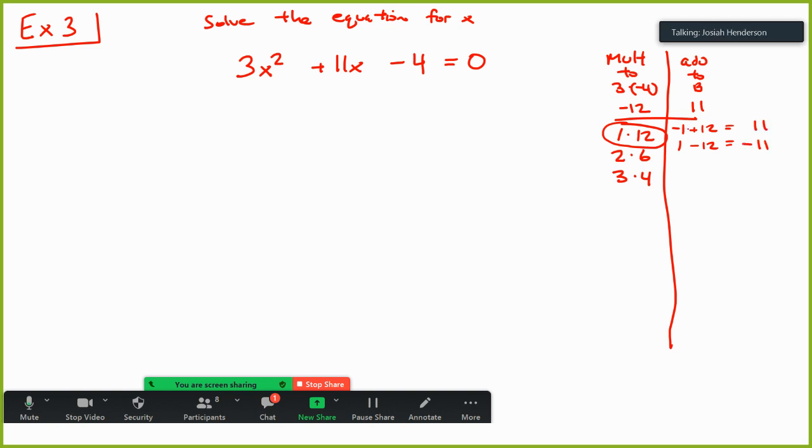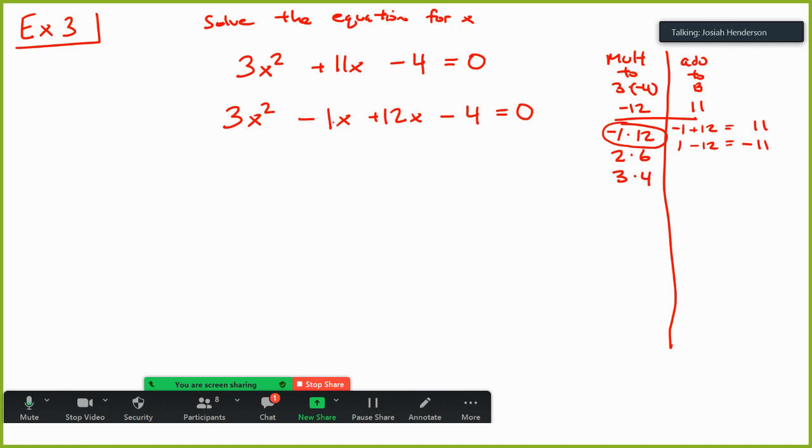The first set, negative 1, positive 12. I'm going to put that here in my multiplication just so I remember. And then I go back to my actual equation and we split up 11x. Let's make it negative 1x plus 12x minus 4 equals 0.